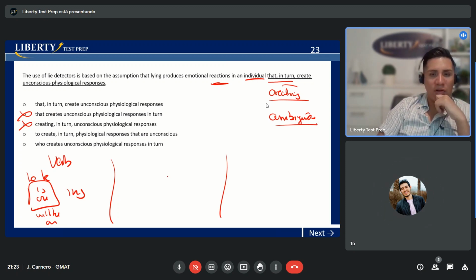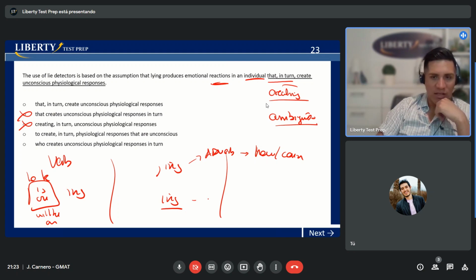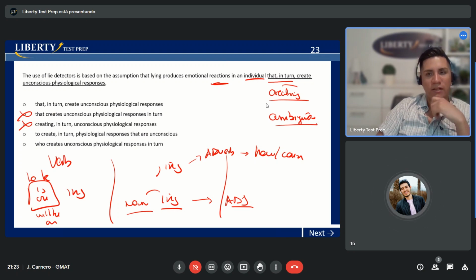Now, if you have a comma ing, usually that's going to be the adverb, the one we saw that gives you an explanation of how, a consequence, right? But if you have the ing without the comma, that's an adjective modifying a noun that it's touching. In this case, we have the creating without a comma here, no comma here. So that's why it's more like an adjective.